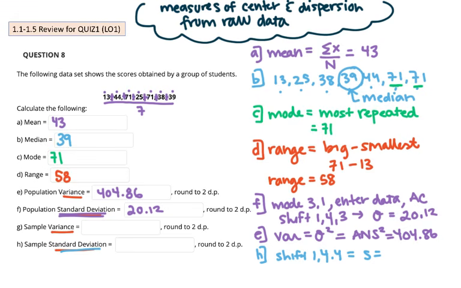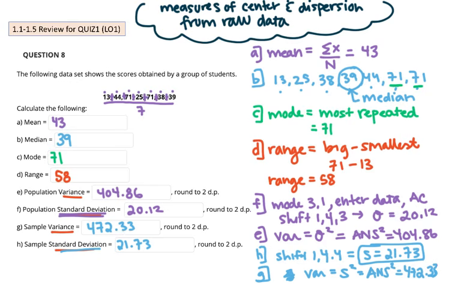It's a similar number, but a little bit different, 21.73. And then again, if you want to find the variance, which is part G, the variance just equals S squared, which is just your answer squared. And you end up getting 472.33. Now it'll say in the question whether it wants population or sample.